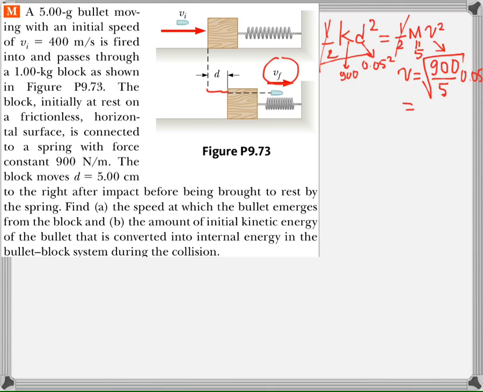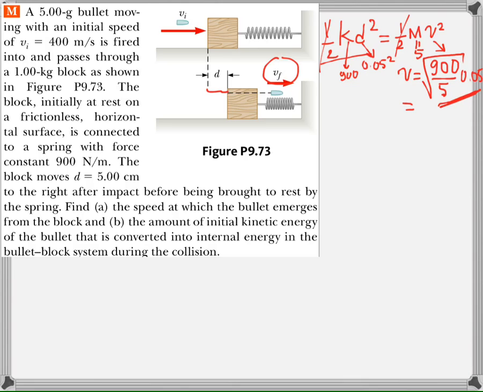And I know that before the bullet hits the block, whatever the momentum is, this will be equal to the velocity of the bullet after it emerges from the block times its mass and the velocity of the block that I have calculated or is waiting to be calculated times the mass of the block.